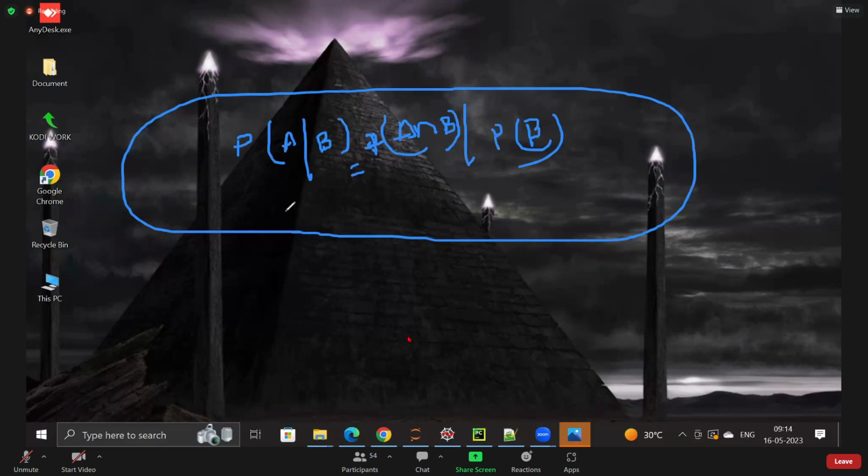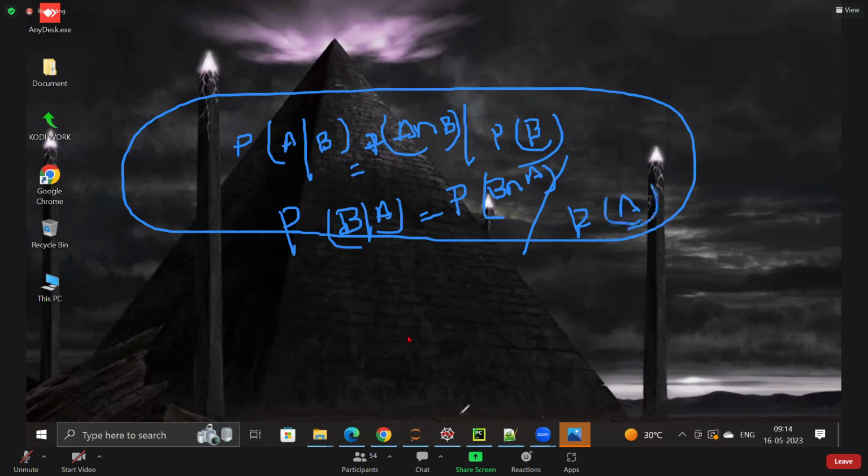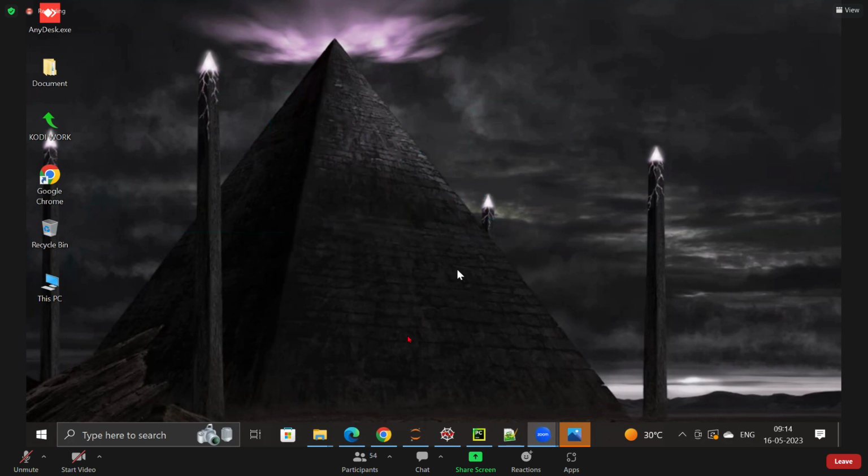What if I want the probability of B given A? The equation is probability of B intersect A divided by probability of A. Can I write this, yes or no? I hope you understand. Yes, I can write this, because A given B equals A intersect B by probability of B, and B given A equals the same kind of expression.